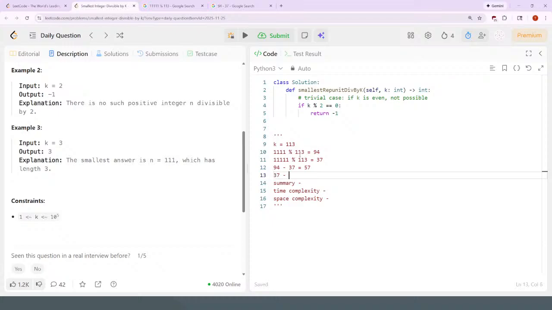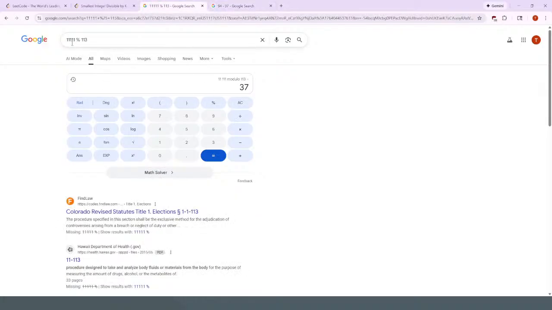Then 37 minus 57 is negative 20, in mod 113 it's going to be 93, maybe. I doubt this pattern holds.